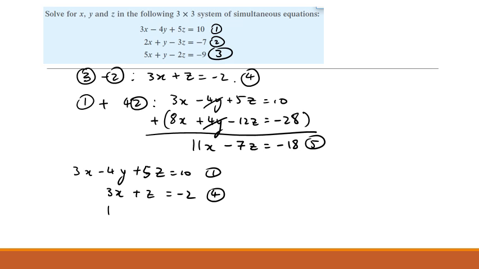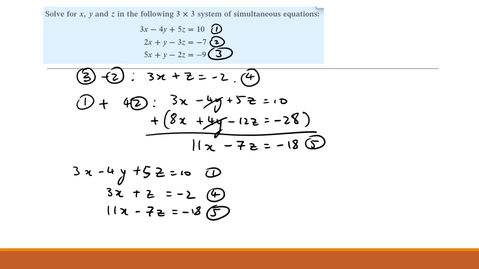Then we have our fifth equation, 11x minus 7z equals -18. So remember the triangle we were eliminating? We've eliminated two parts of it, but we need to eliminate this x here.